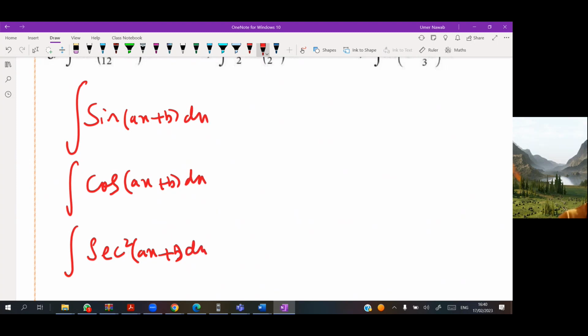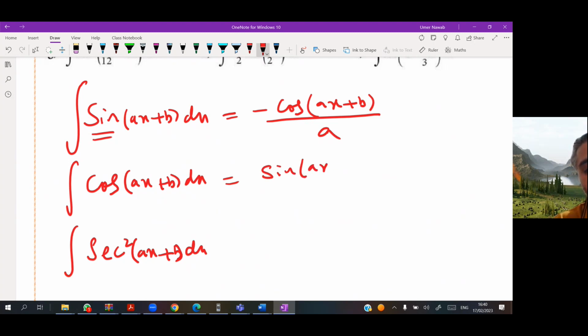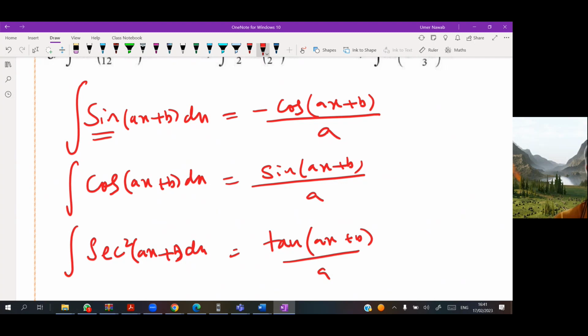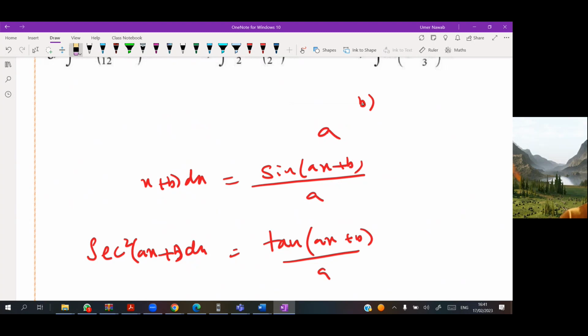The integration of sine is minus cosine of ax plus b divided by a, the coefficient of x. The integration of cosine is sine of ax plus b divided by a. And the integration of secant square is tan of ax plus b divided by a.